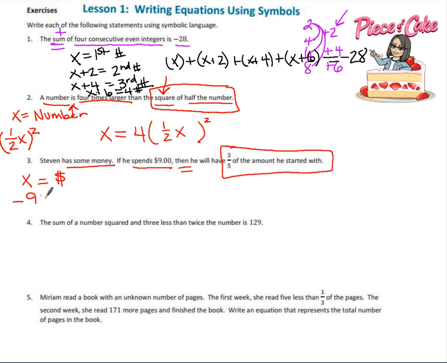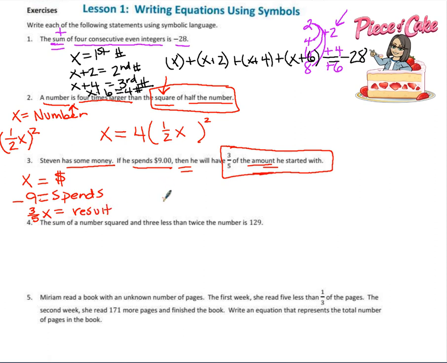Minus 9, good, spends. And then he will have 3/5 of the amount. How do I write the amount he started with? It's right there. So we can write that as 3/5 of that. Okay, so that's his result.